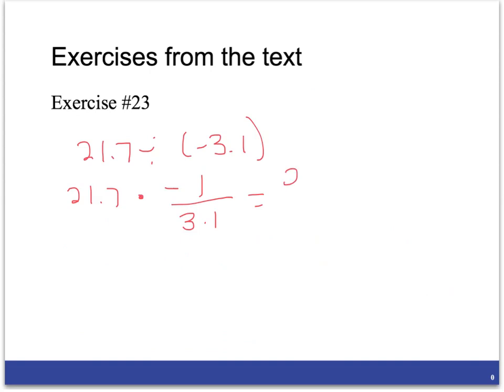So this becomes 21.7 divided by 3.1. You can punch that in your calculator, and that's what I'm going to do. 21.7 divided by 3.1 equals 7. And remember, I dropped the negative this time. There's a negative in there, so your answer is going to be negative 7. So just make sure you're aware of that.